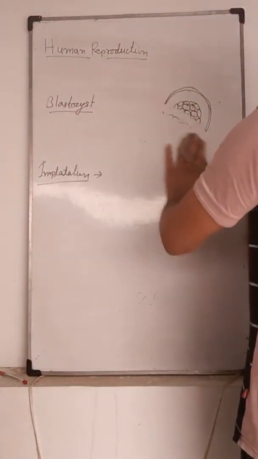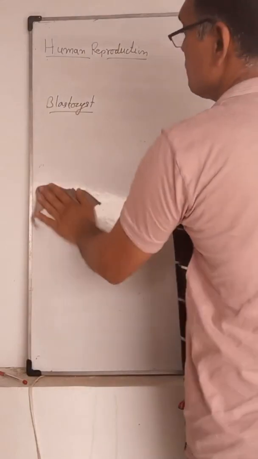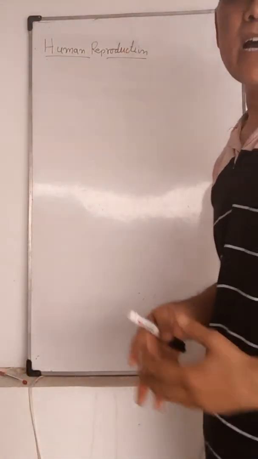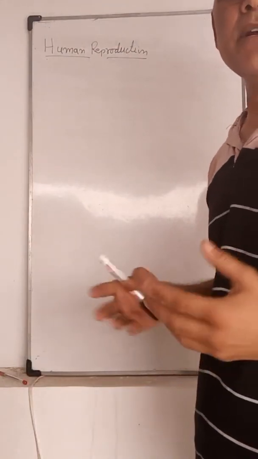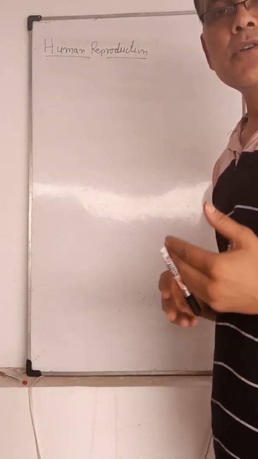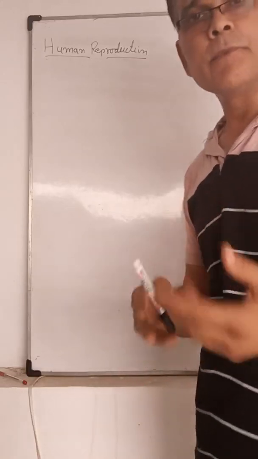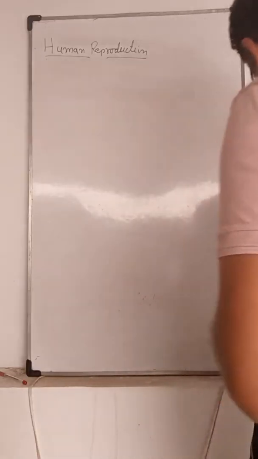This is attached to the mother's wall with the help of a connection known as the placenta. The placenta is the connection between the mother's uterus wall and the embryo.